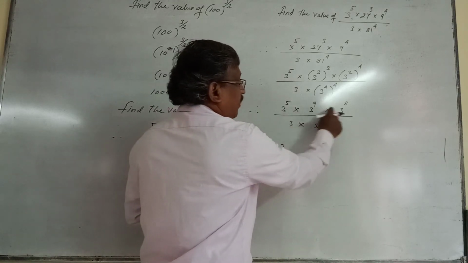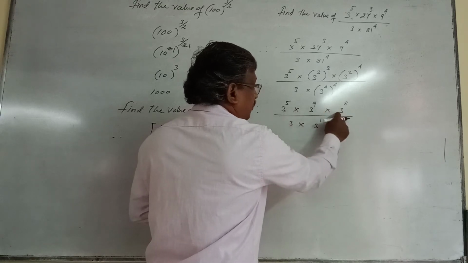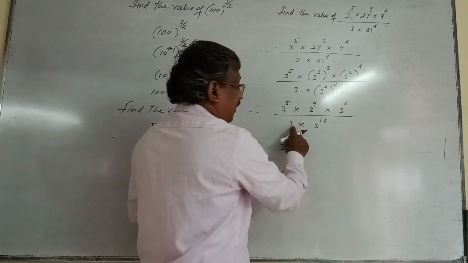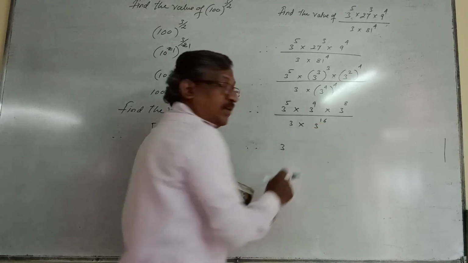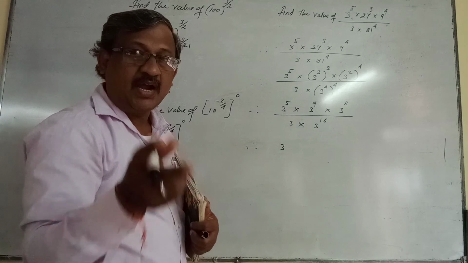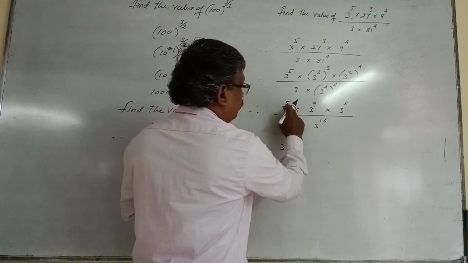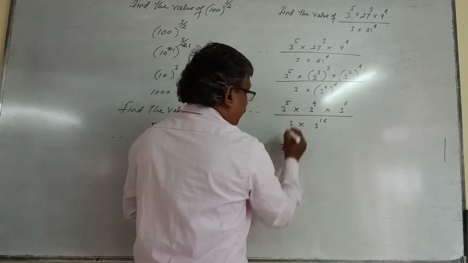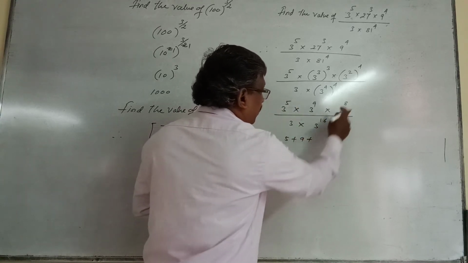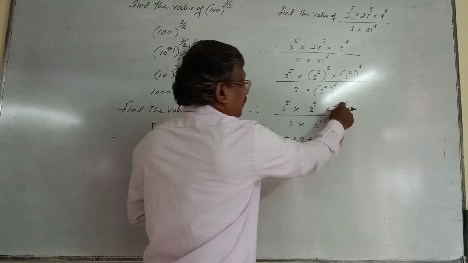Now these 3 values we are multiplying, so we have to add these 3 indices, and whatever indices are at the denominator place, those we have to subtract. If there is a division, you subtract those indices, and if there is a multiplication, you have to add. Means 3 raised to 5 plus 9 plus 8.